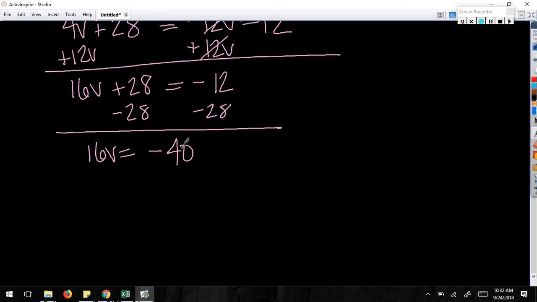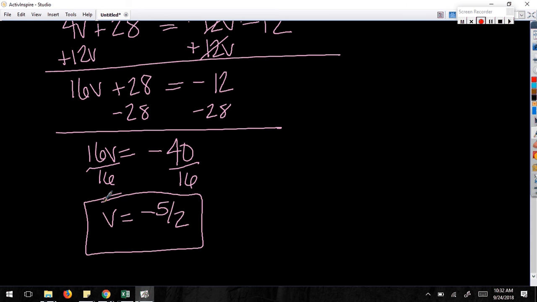Negative 12 and negative 28 would give me negative 40. And then, yes, it absolutely is. Divide both of them by 8. So negative 5 and a half.